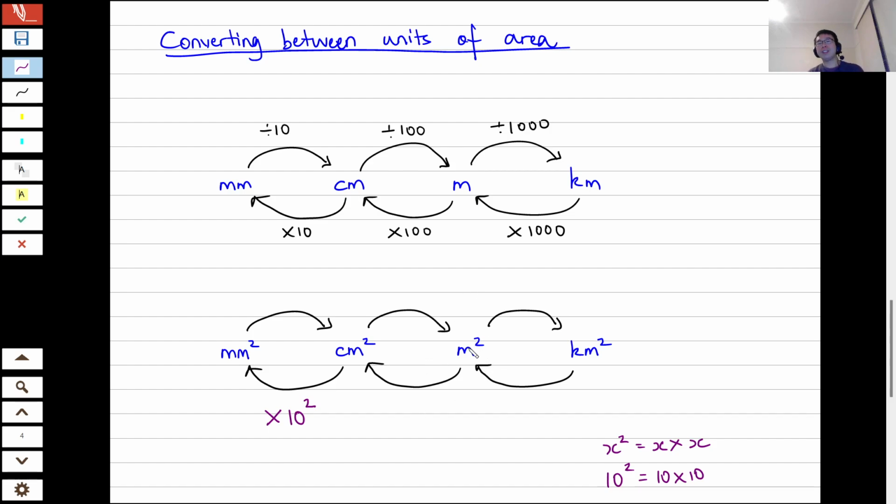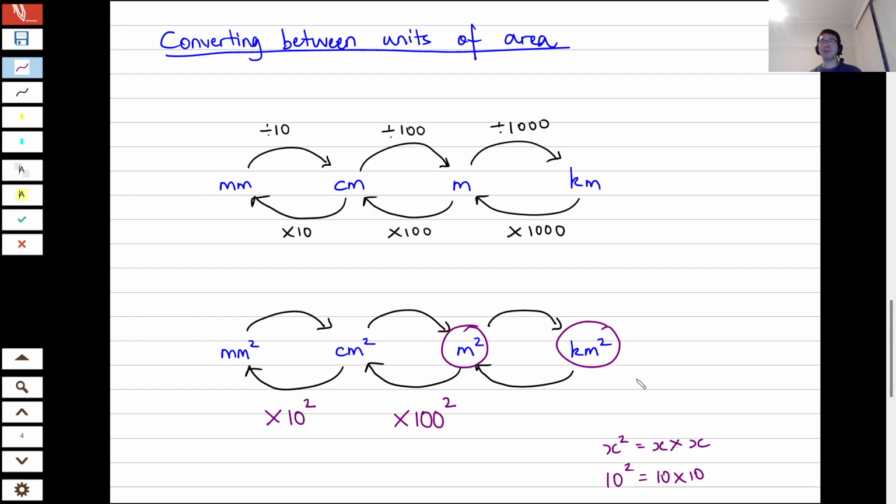Now, what if I did the same thing going from a square meter to a square centimeter? Well, this time I would have 100 squares per row, and I would have 100 rows. In other words, I would have 100 times 100 square centimeters inside a square meter. What if I went from square kilometers to square meters?